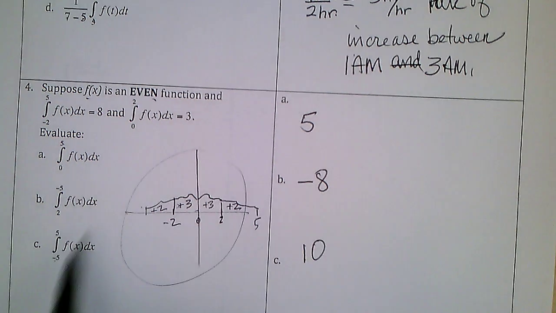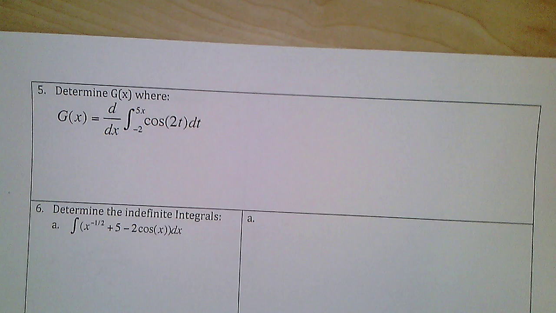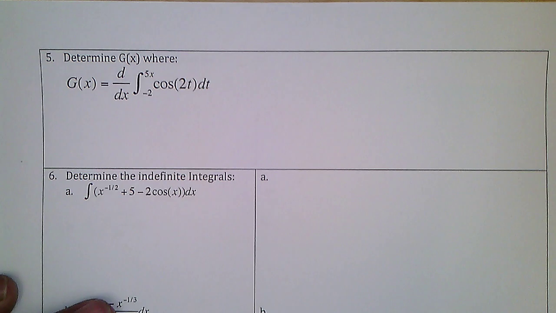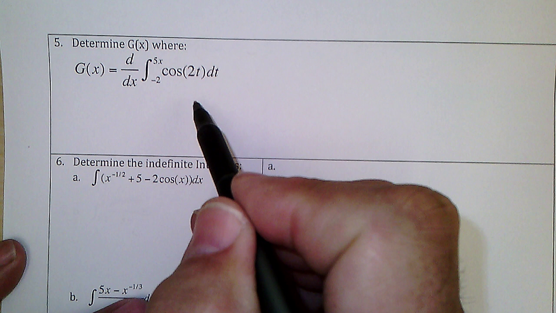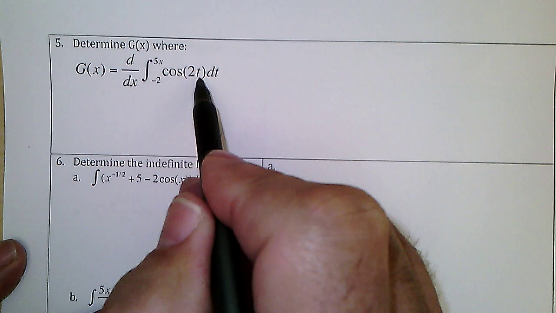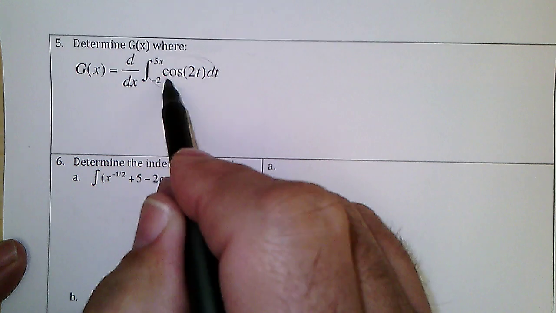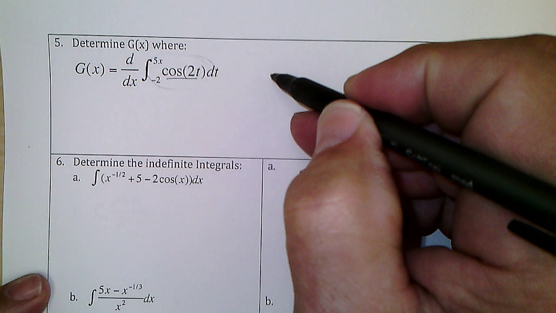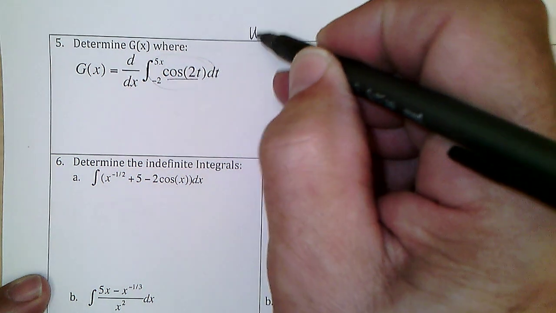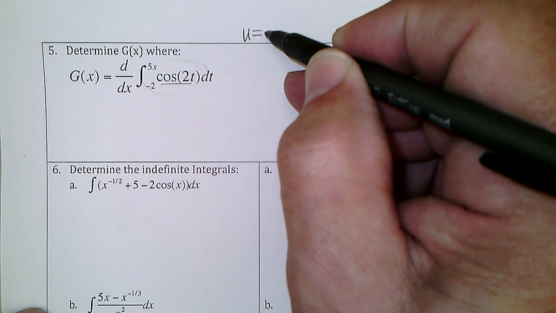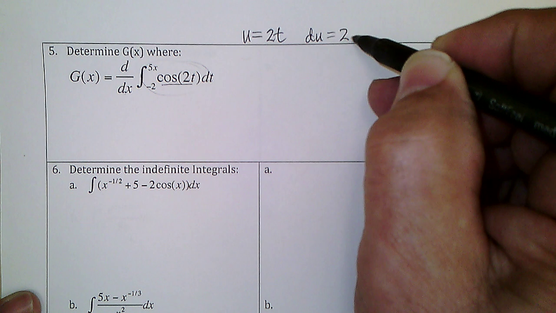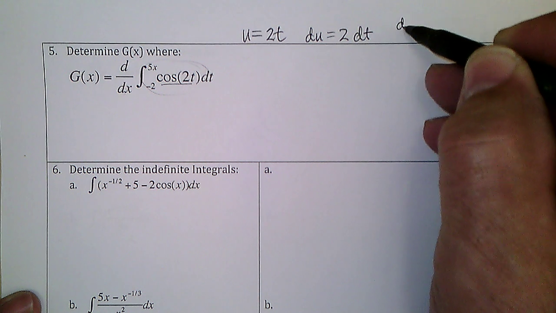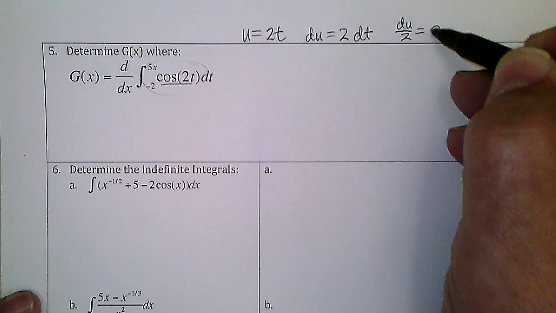And here's something that shows the work. So I went through this in class, but I'll do it the long way and then I'll do it the short way. So if we had to integrate this, cosine of 2t we can integrate. If we let u equal 2t, then du would equal 2 dt, and du divided by 2 is dt.